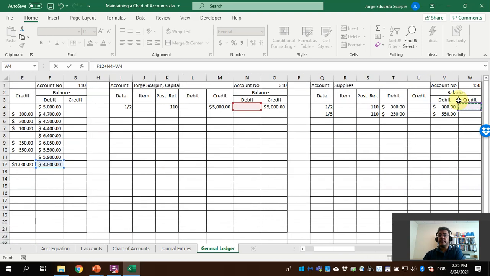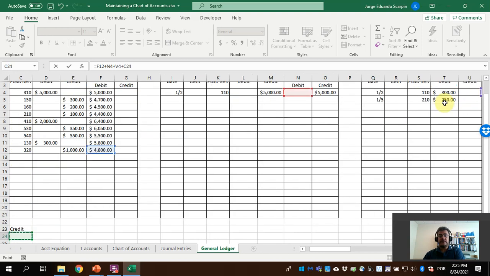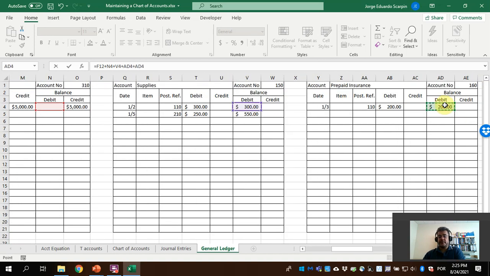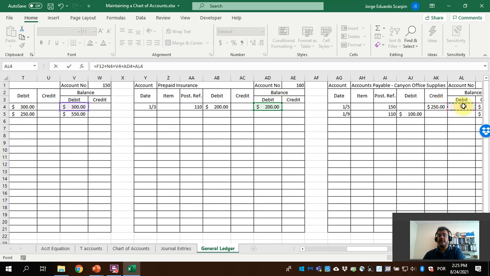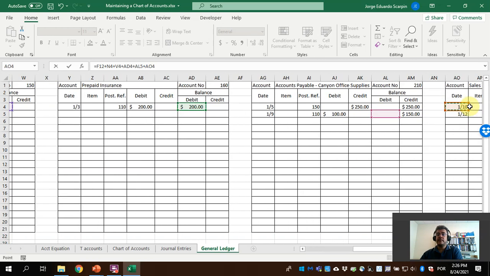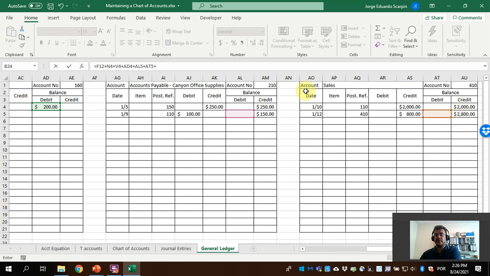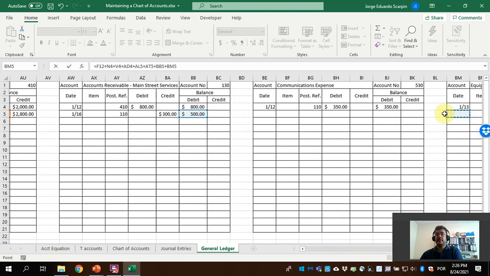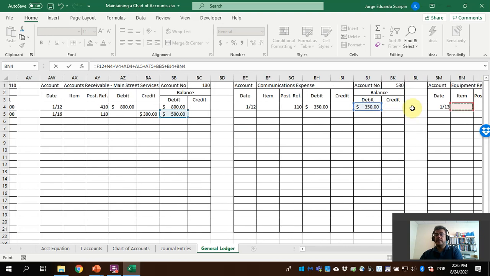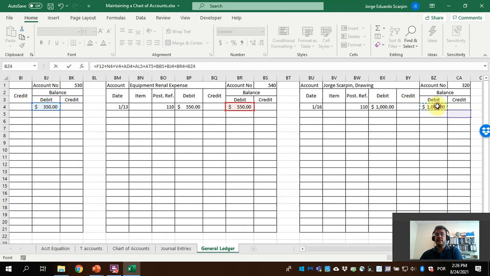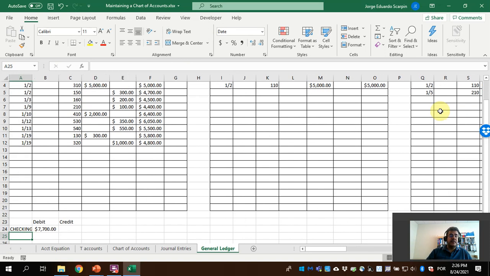Then this debit plus this debit plus this debit, oops, two rows, this debit plus also 2 rows, this debit, plus this debit, plus this debit here, plus this debit, plus this debit here. $7,700.